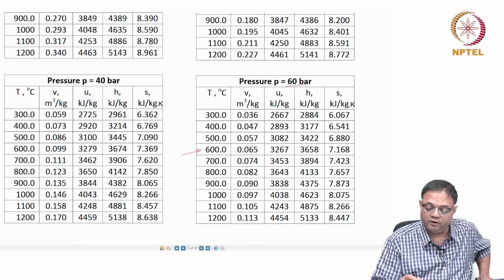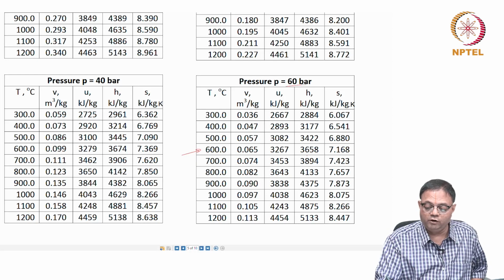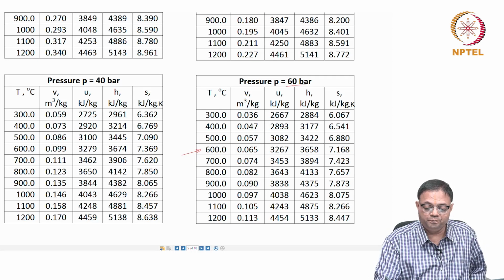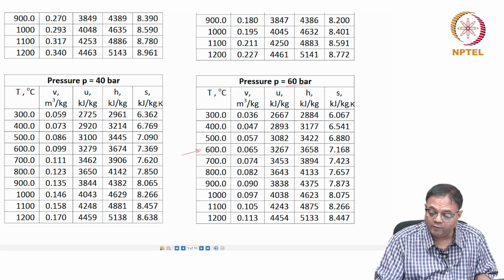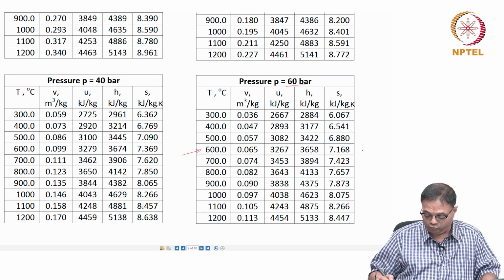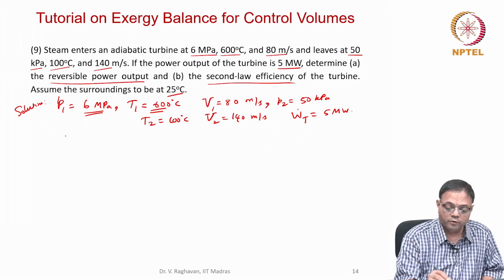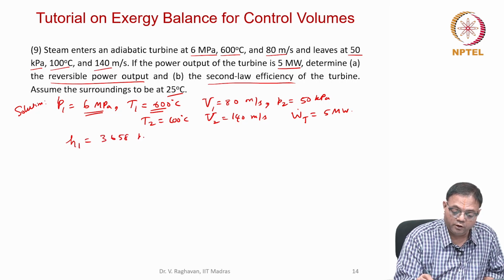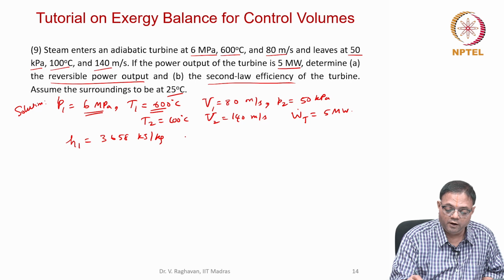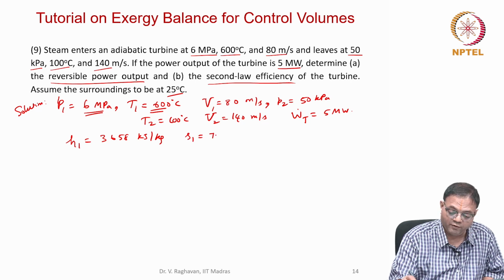Here retrieve the values of enthalpy as 3658 and entropy as 7.168. So state 1 is superheated: H1 equal to 3658 kilojoule per kg and S1 equal to 7.168 kilojoule per kg Kelvin.